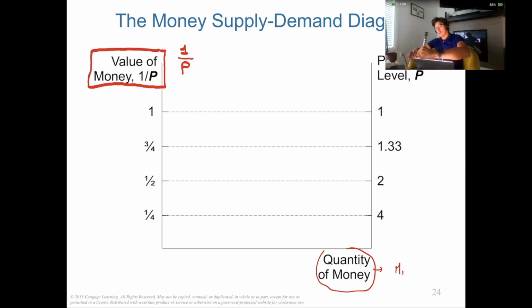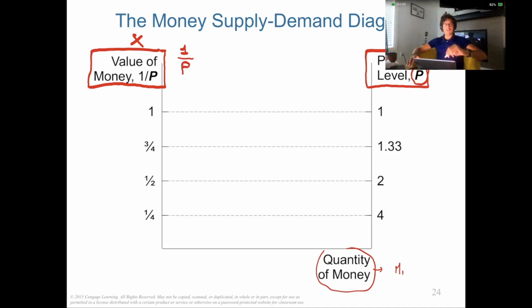But on the right-hand vertical axis, I have the price level, which is just P. So you can see that the left-hand side is just the reciprocal of the right-hand side.